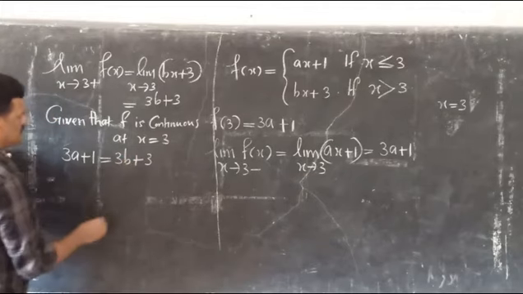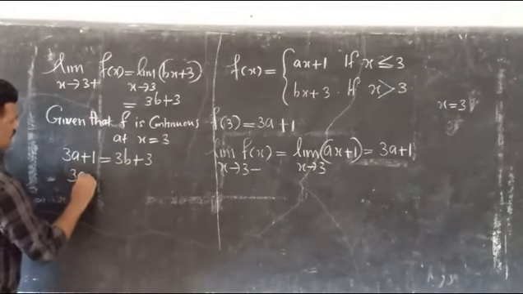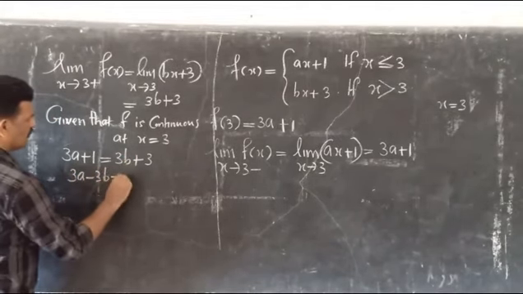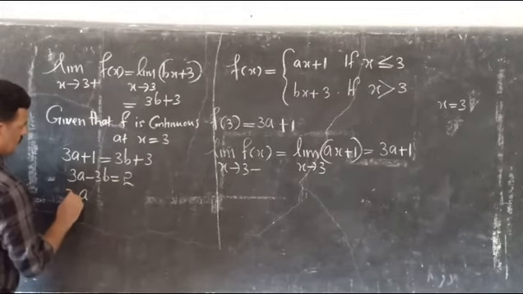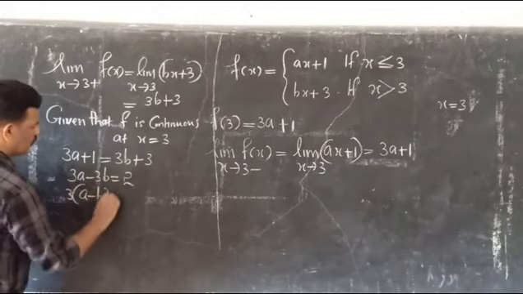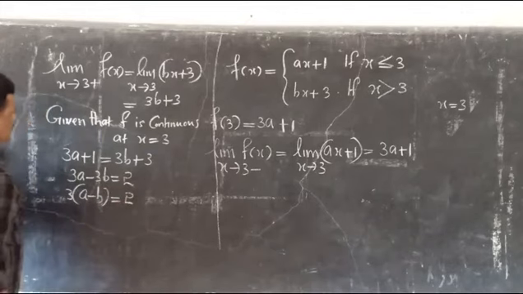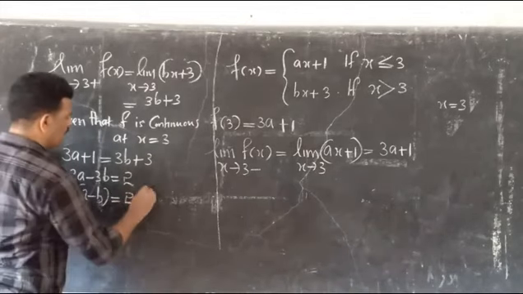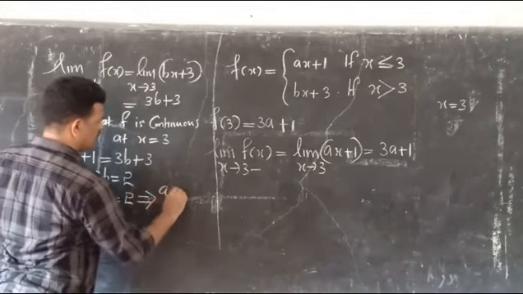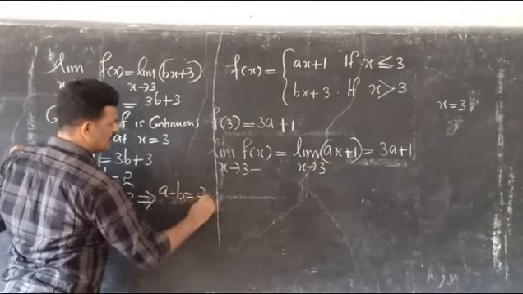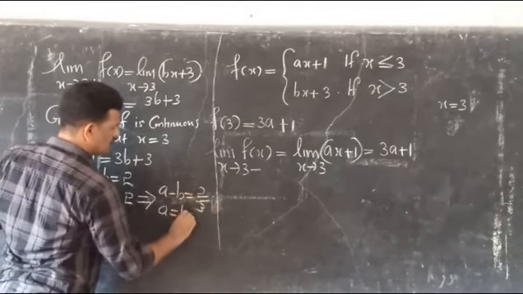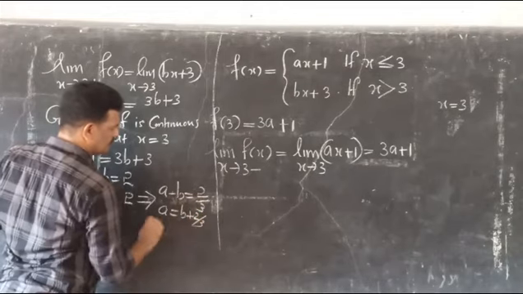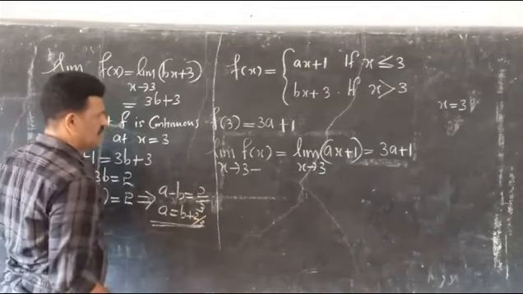That is, we get 3a minus 3b is equal to 2. That means 3 into a minus b equal to 2. That is, we can write a minus b is equal to 2 by 3, or a equal to b plus 2 by 3. Therefore, this is the relation between a and b.